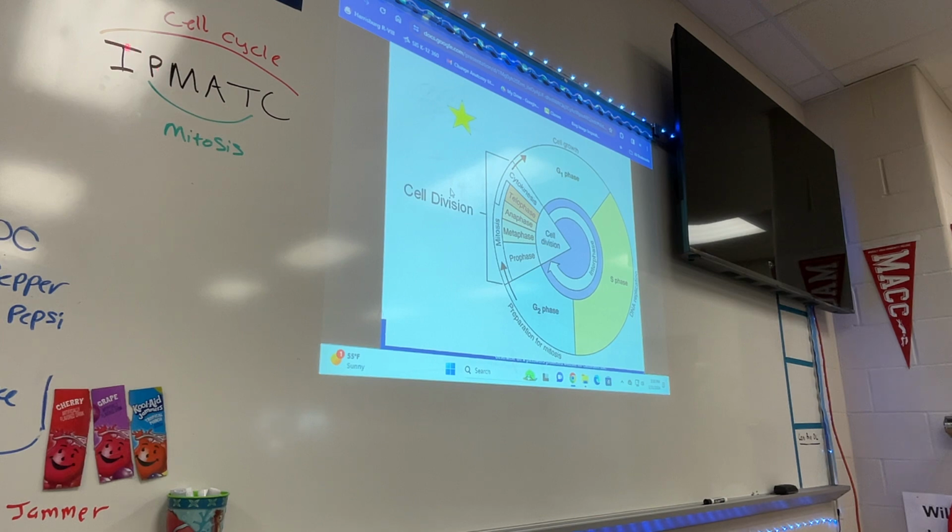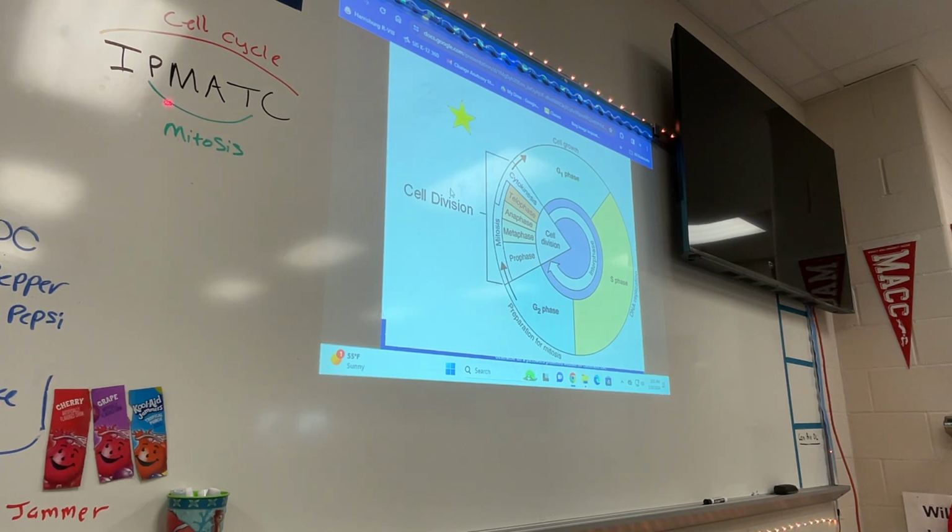So I drew up here on the board IPMAT-C. I for interphase, and then prophase, metaphase, anaphase, telophase, cytokinesis. IPMAT-C. That's how I always remember it. So the cell cycle, the red, goes from interphase to cytokinesis. The whole cell cycle is interphase to cytokinesis.